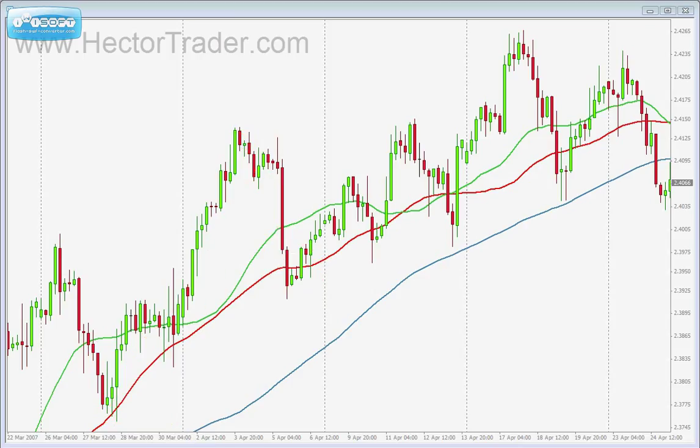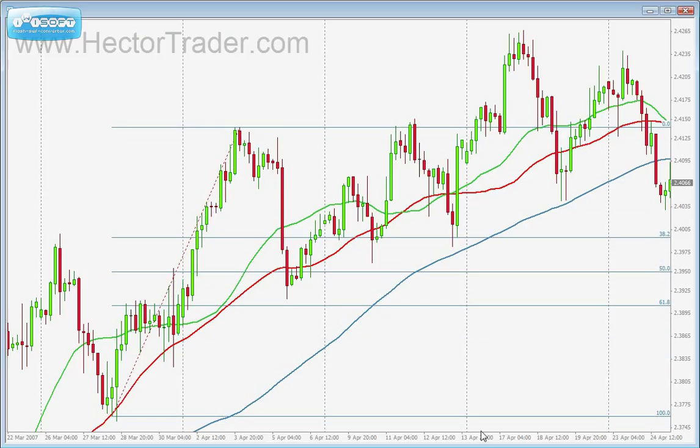In fact, if I draw my Fibonacci's from the swing low to the swing high, I can see how the 61% Fibonacci retracement, which in my opinion is something like a last line of defense, was not taken. Was not breached. The bulls' last line of defense is still intact. That's all right.